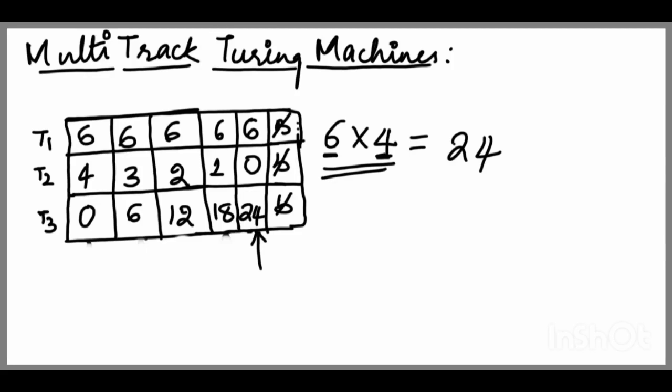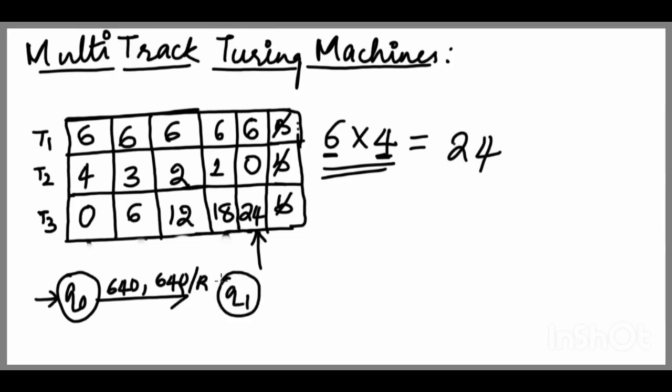The first step would be starting from the initial state. We read the value 6, 4, 0. We did not update them in the initial state and move to the right direction.